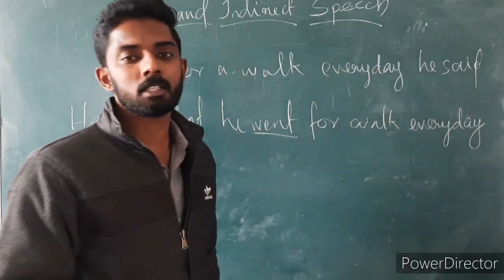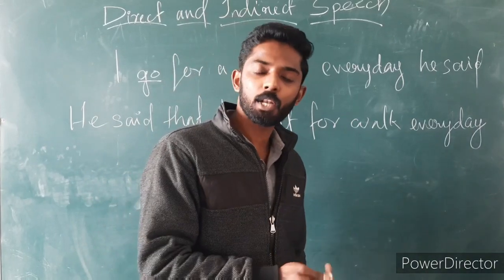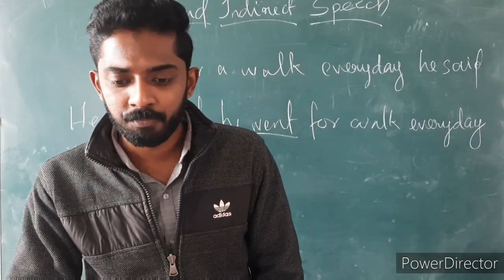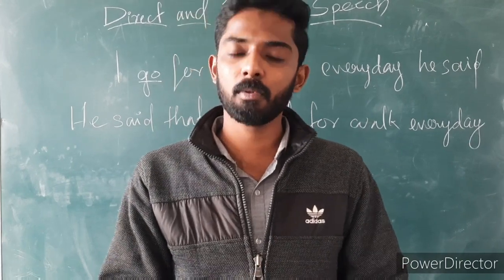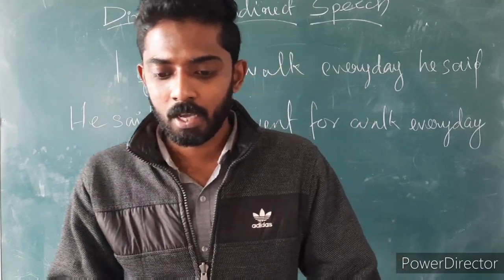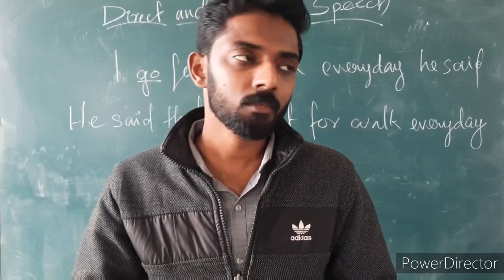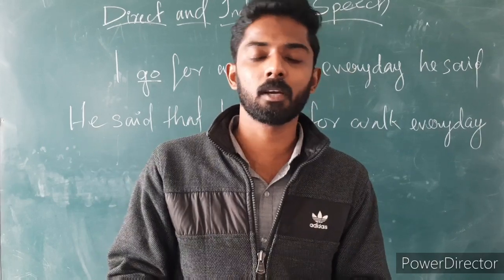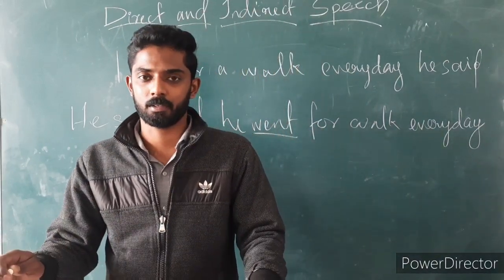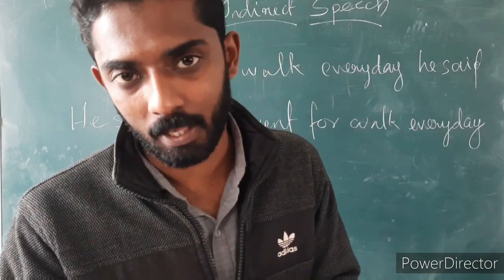In the same way, present continuous will become past continuous, present perfect becomes past perfect, present perfect continuous becomes past perfect continuous, and simple past becomes past perfect. Future becomes conditional, and future perfect becomes conditional perfect. So the changes with regard to tense will be like this.